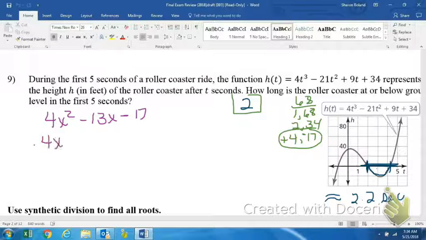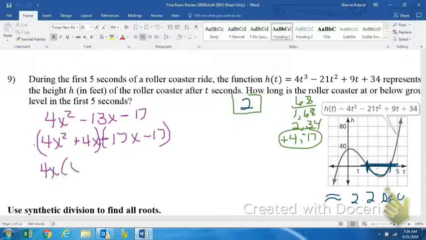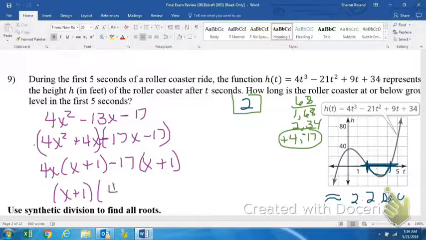So that's 4x squared plus 4x minus 17x minus 17. So you group the first 2 and the last 2, and a 4x comes out of the first one, and you're left with x plus 1. And out of the second one, you know has to be x plus 1, and so what factors out is a negative 17. Okay, so your answer is x plus 1 times 4x minus 17, and this equals 0.